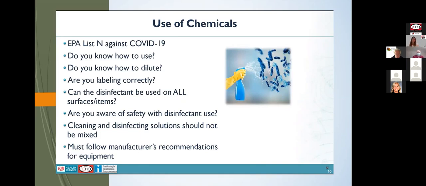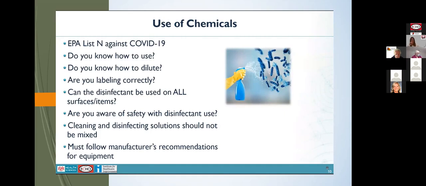Next, can the disinfectant be used on all surfaces or items? We're going to need to check with the manufacturer of any surfaces or items that we're disinfecting. Are you aware of safety with disinfectant use? Can the resident be in the room? Do you need special protection yourself, such as eye protection and gloves? And make sure you have adequate ventilation.